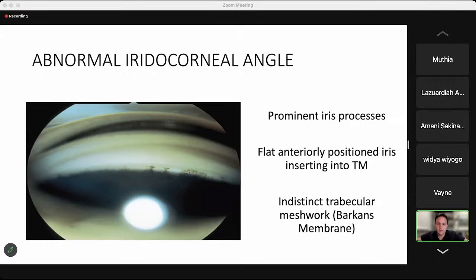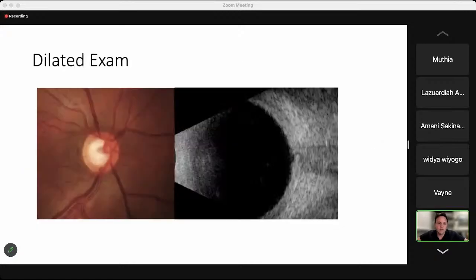Now, gonioscopy we often need to perform as part of an EUA in children. And obviously cupping is a very universal sign of glaucoma, and we should be looking for that in the kids, particularly asymmetry in optic nerve head cupping in unilateral cases can be quite telling. Often there's significant corneal clouding.